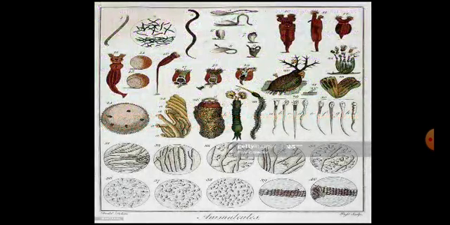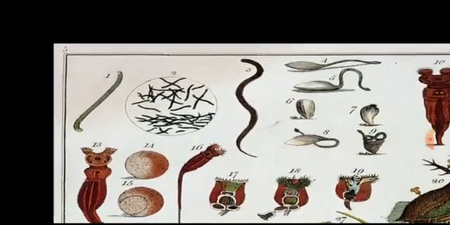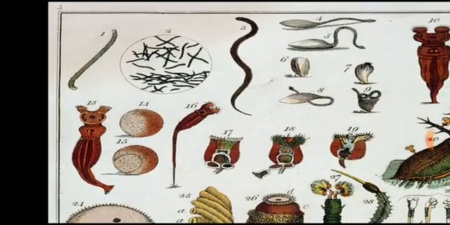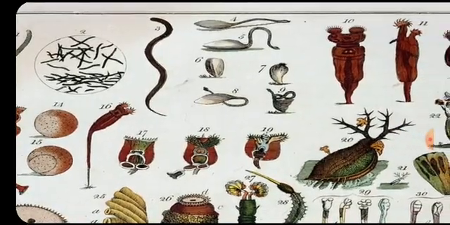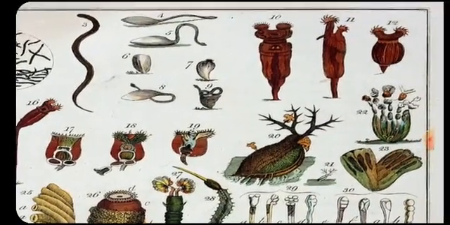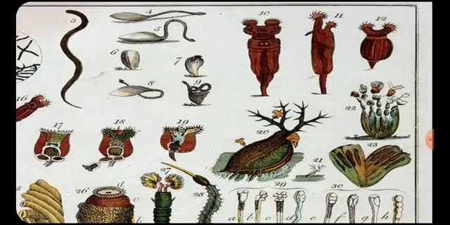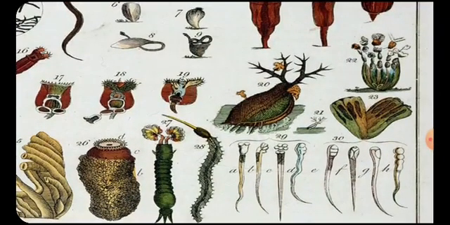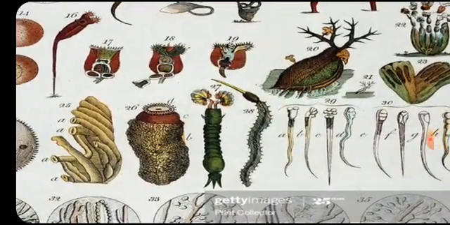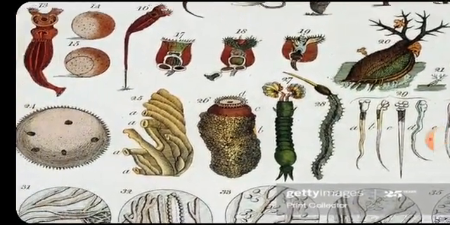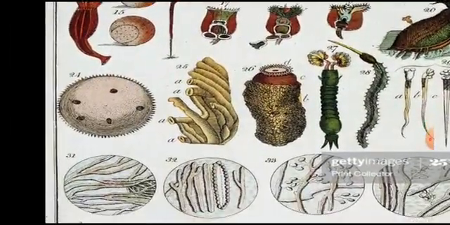These are the different drawings of small animals which have been recorded by Antony van Leeuwenhoek. These contain the picture of mycelium, then different forms of fungi, protozoa, insects, plant materials. You can see the insect larvae, eggs, different forms of fungi, protozoa.